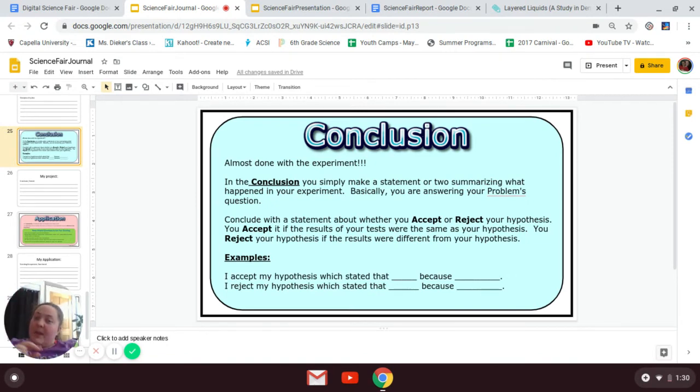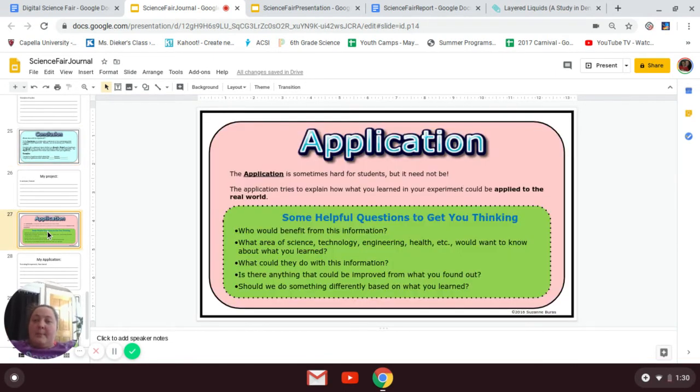Okay. Then after you do that, you're going to write a very simple application. Your application sometimes can be difficult, but how does it apply to the real world? Another thing I like to do during the application is I like to say, if I was going to do this project again.